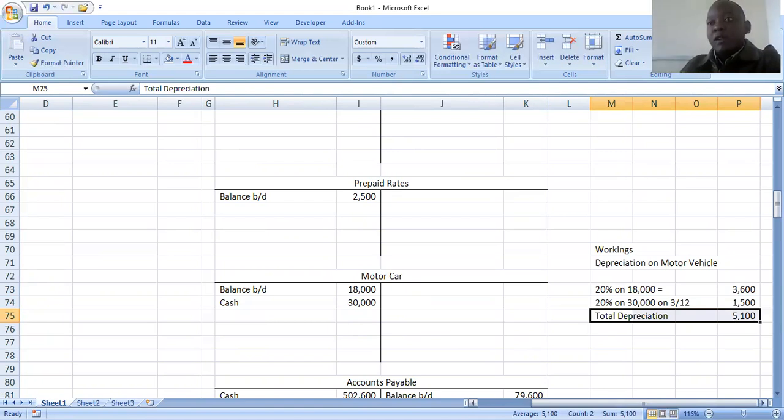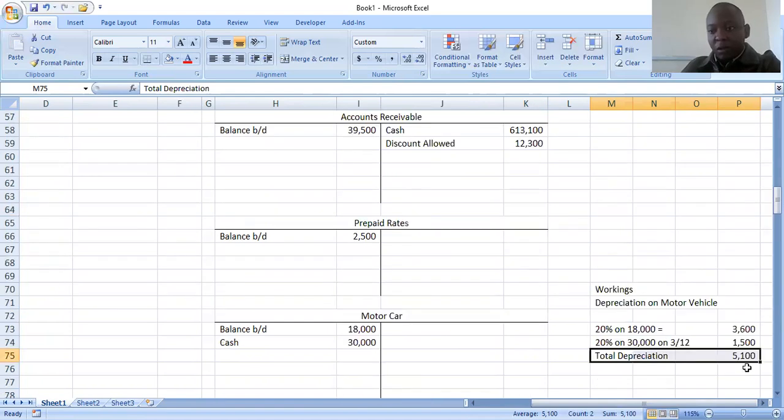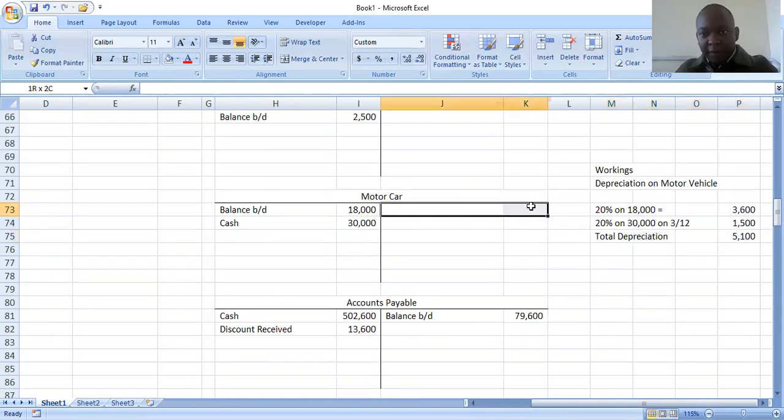And then the book value of the asset needs to go down. So the book value of the asset will go down by 5,100. So therefore, we will credit the motor car. There are various approaches.